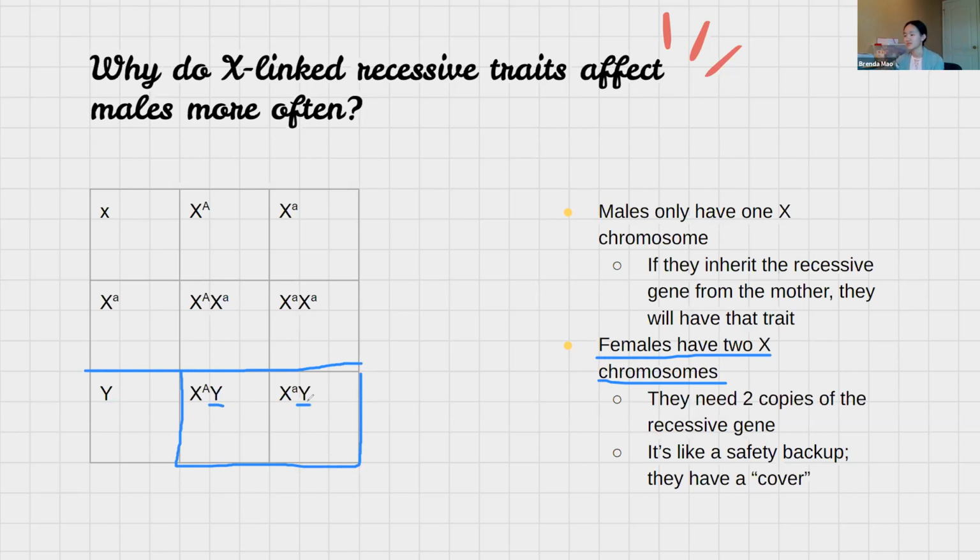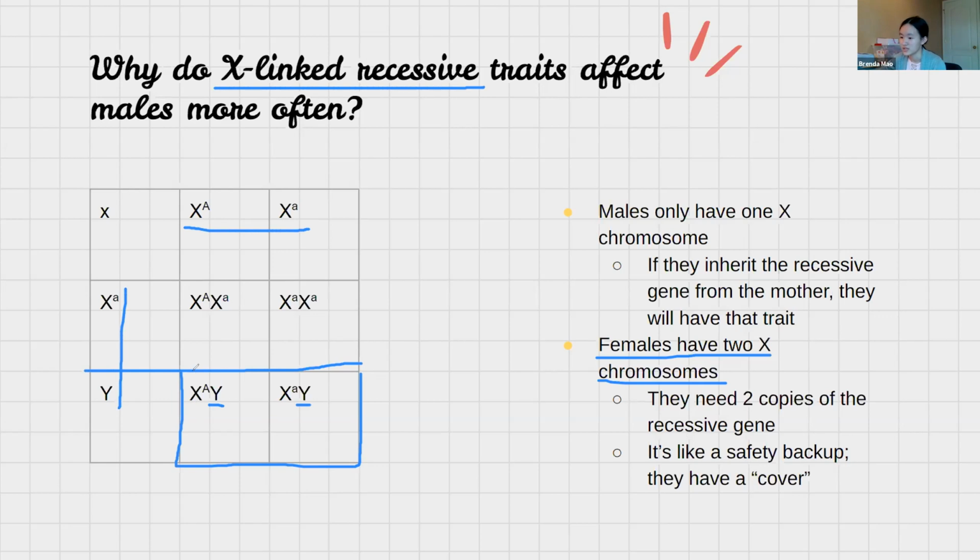Nothing is linked to the Y chromosome because this is an X-linked recessive trait, so the Y chromosome doesn't matter. This mother is heterozygous, so she doesn't have the trait because our trait is X-linked recessive. However, the father does have this trait, and we'll see why later. I chose that because it illustrates my point pretty well.